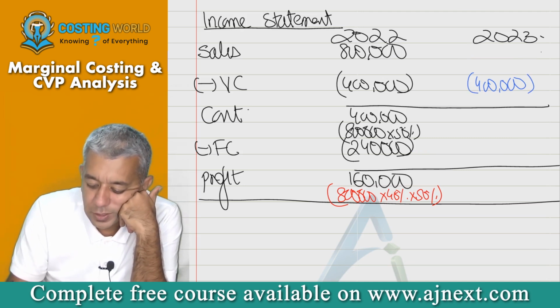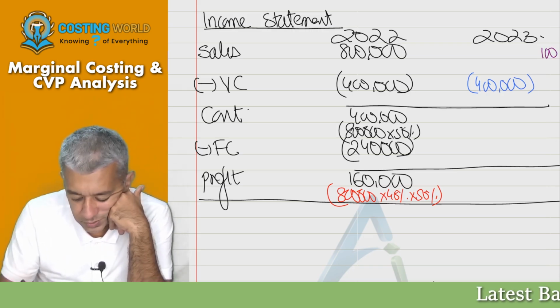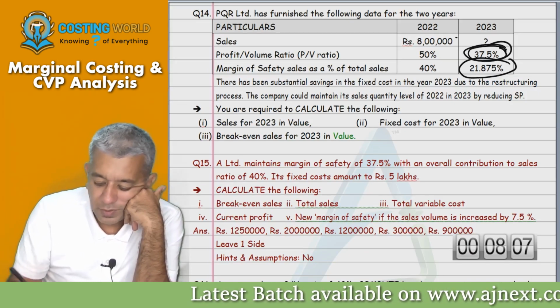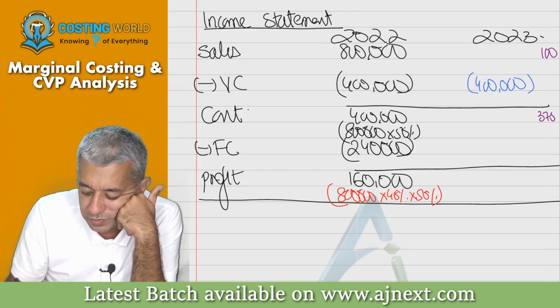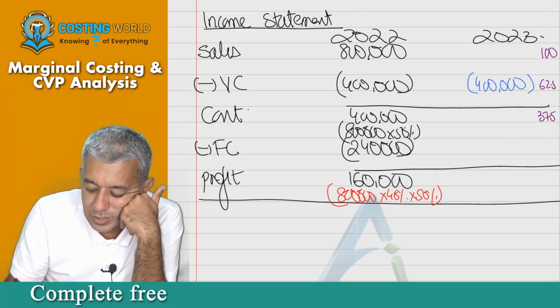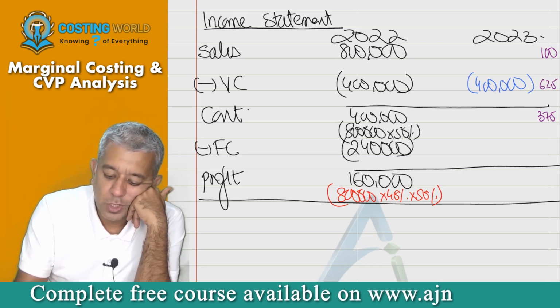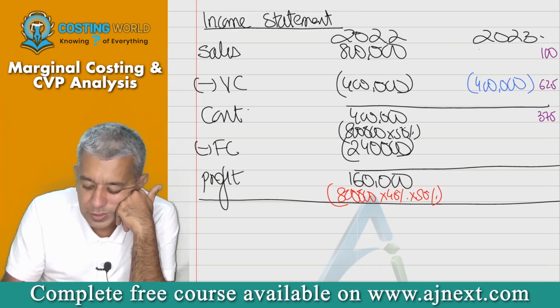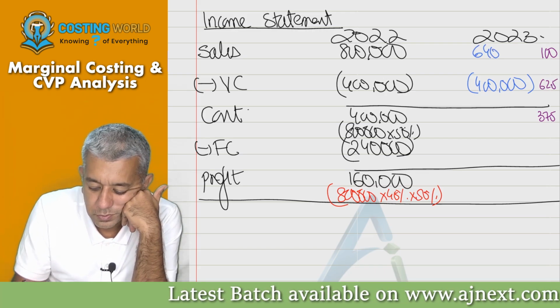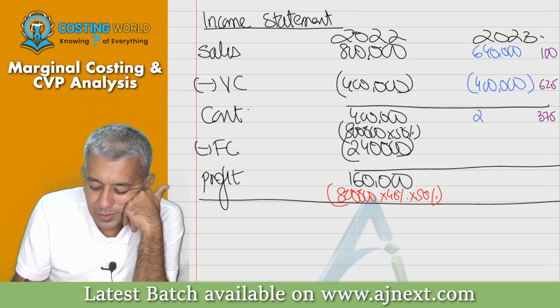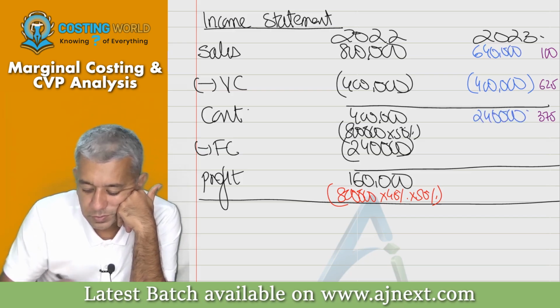My job is done. I'm writing 100 over here. PV ratio is 37.5%. So this is 37.5, so this figure will be 62.5. Please cross multiply. Get me sales. 6,40,000. So this figure will be 2,40,000.